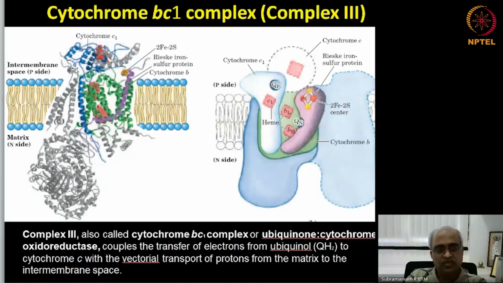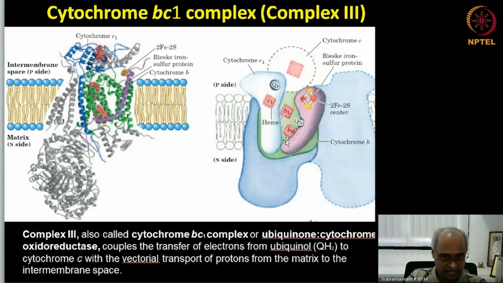So the electron flow is best understood by looking at this cartoon. In the cytochrome B, the green color one, you have the ubiquinone binding site. So you have 2 sites, one near C1, that is QP, meaning the positive side, and here the negative side, look at the matrix side, QN.